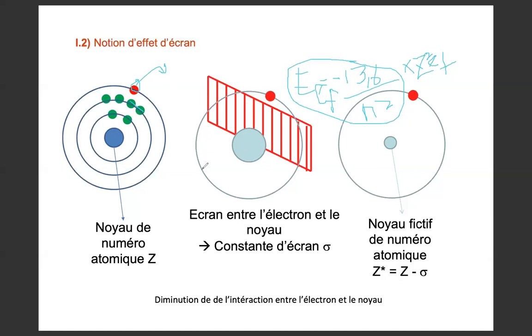Now, it's the same explanation that we have here. For us to have this electron removed from this atom, there is an energy we are supposed to overcome. This energy is what we are calling Z, or l'énergie effective, the energy that is effective for us to remove an electron.